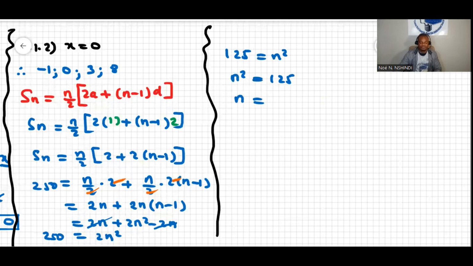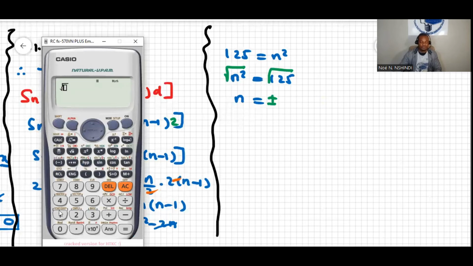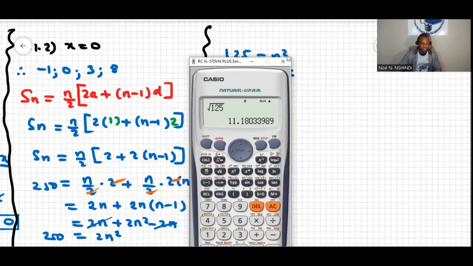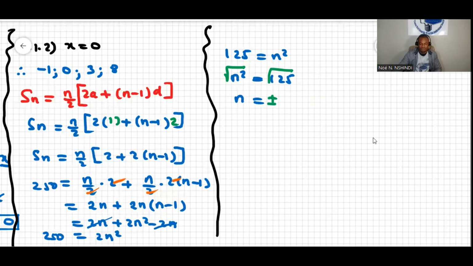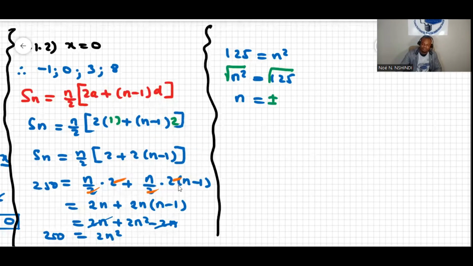To work out n, I'll square root both sides, and obviously this gives plus-minus values. But wait, I think there's a mistake here.